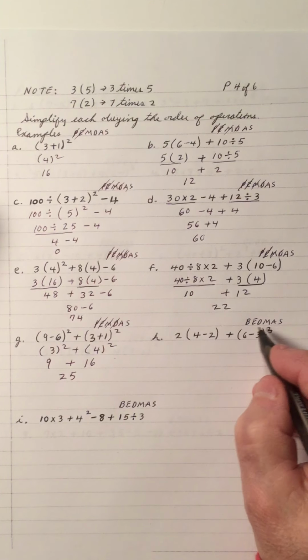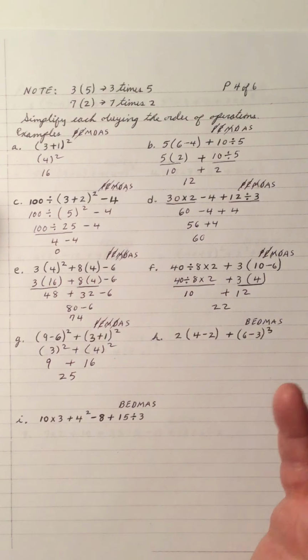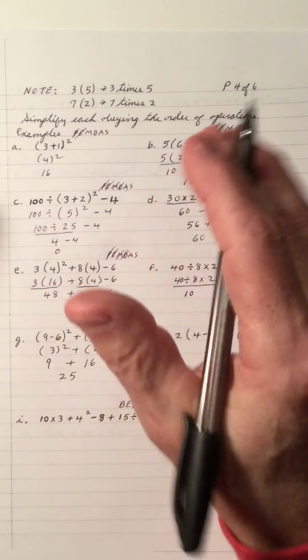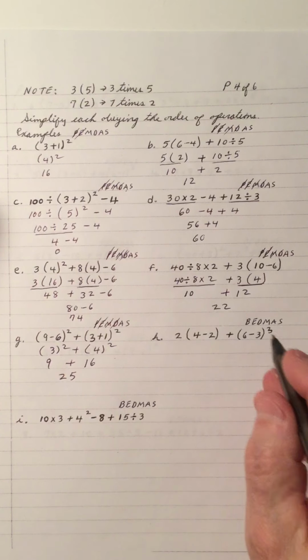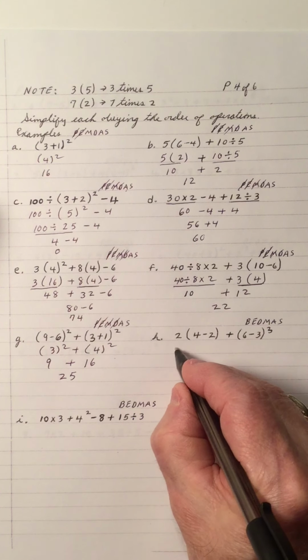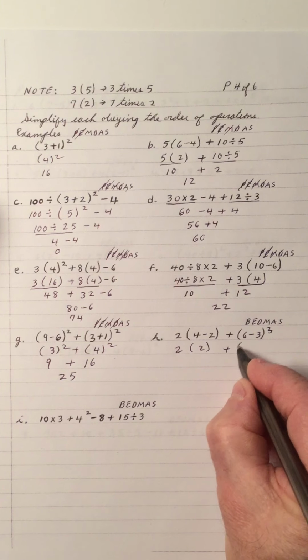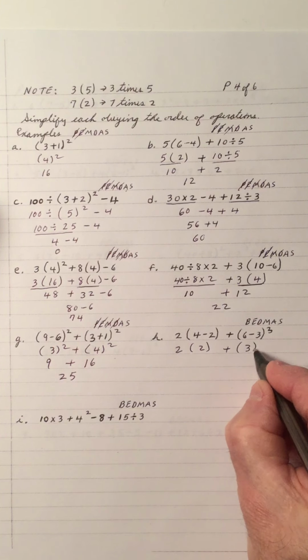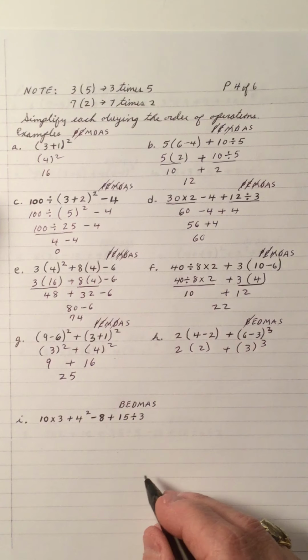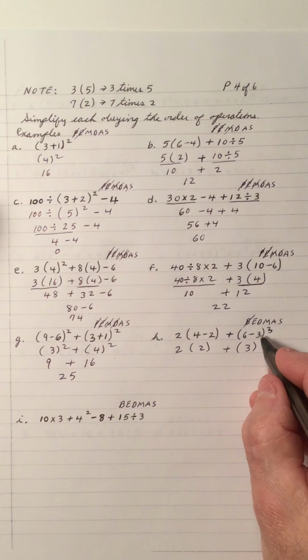This time I use BEDMAS, and BEDMAS is brackets first. That's why I get mixed up, because I'm used to using brackets all the time. Let's do my brackets first. So 4 minus 2 is 2. 6 minus 3 is 3. Brackets are done. Now I have to do my exponent.